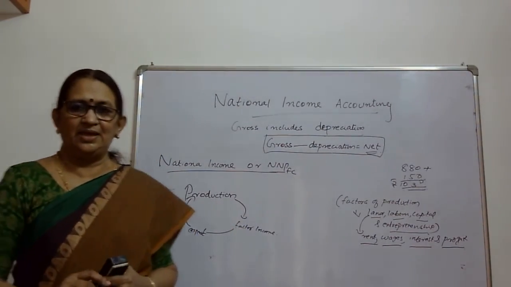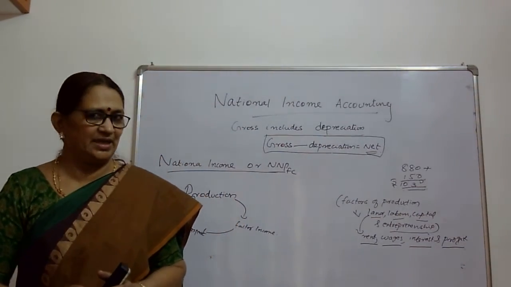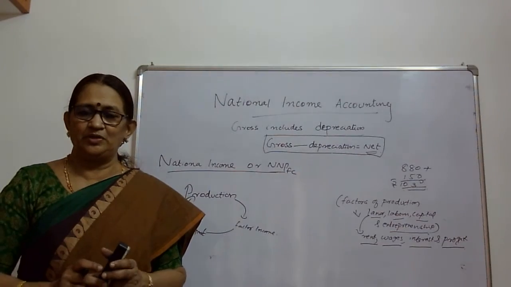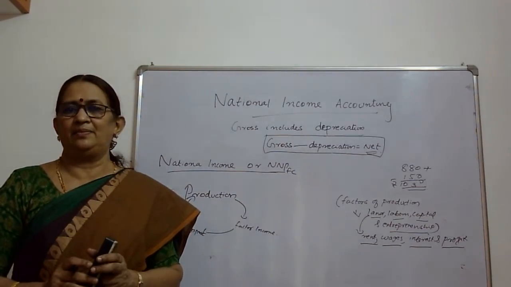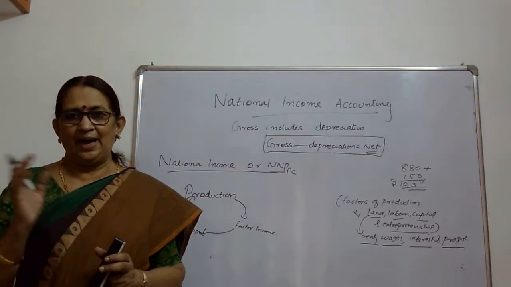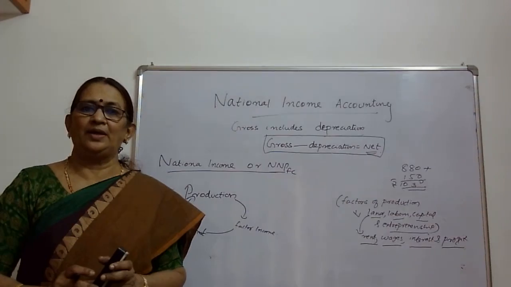Three methods. By calculating in three methods, you will get the same value of national income. This is what we are going to do through the problems. We will start with the value added method first. Value added to the goods and services, otherwise called product method.